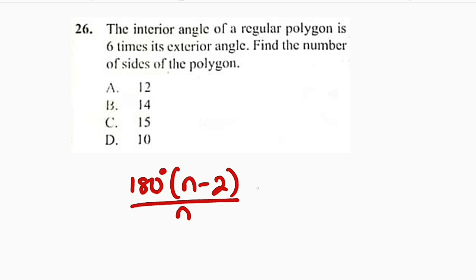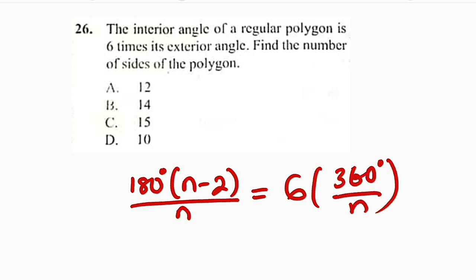So mathematically, this is equal to 6 times every single angle which is exterior, that is 360 divided by n. So this is what we need to solve for n, because we are looking for the number of sides, for which n stands for the number of sides.